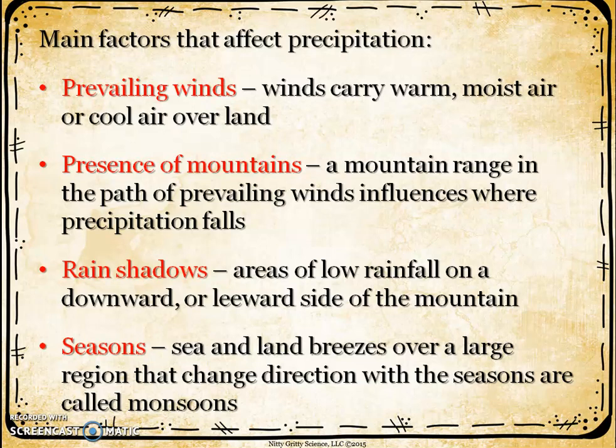Know the main factors that influence temperature, that is latitude, altitude, distance from oceans and lakes, and then your ocean currents. Well, ocean currents would go with distance from oceans and lakes. Main factors of precipitation: prevailing winds, presence of mountains, rain shadows, and seasons. Make sure you know what those things are, and if you do, you will be happy.